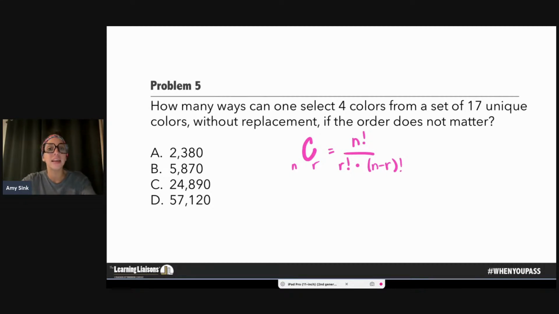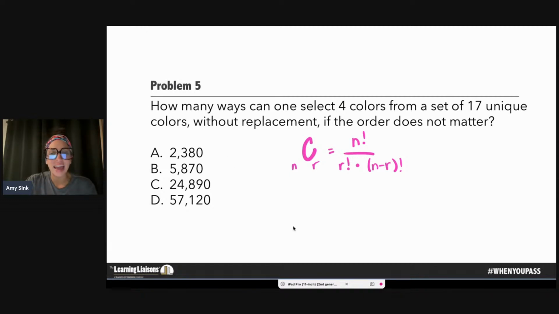And I'll read that again. N factorial divided by r factorial times n minus r factorial. Or sometimes you'll see it as n minus r factorial times r factorial.